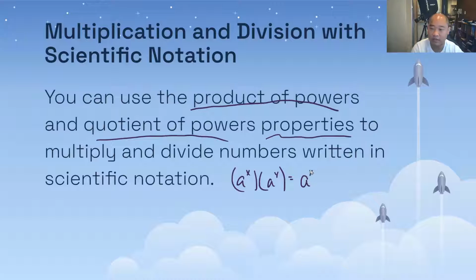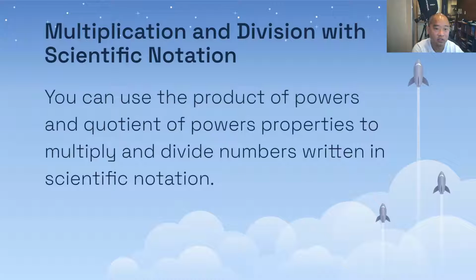So this is a to the x plus y, and this is a to the x minus y. So the exponent here is added and the exponent here is subtracted.